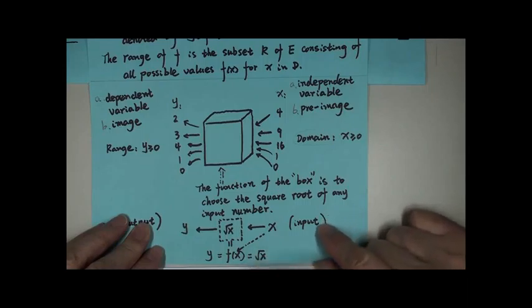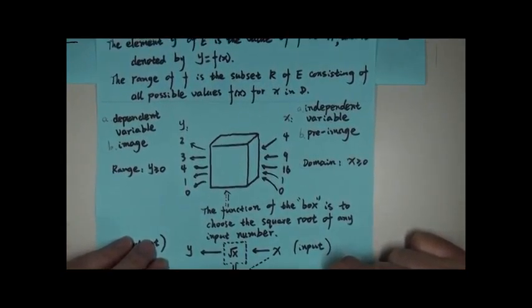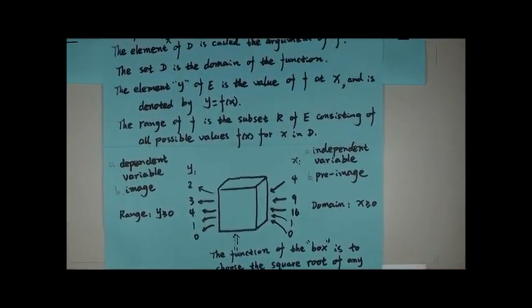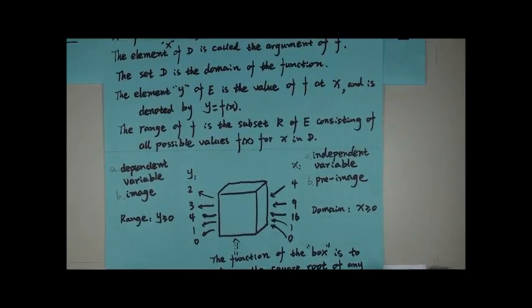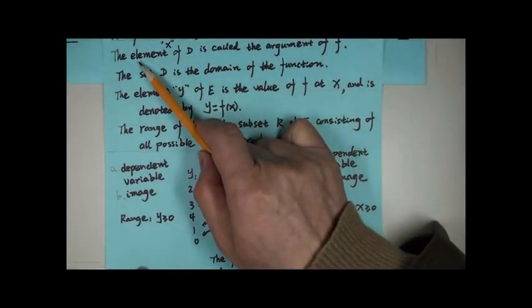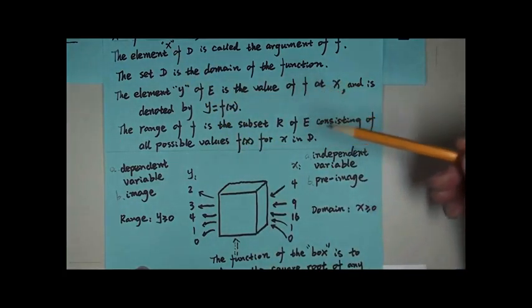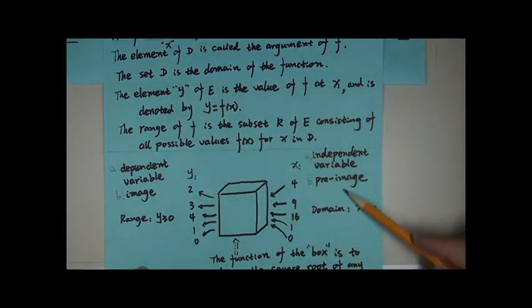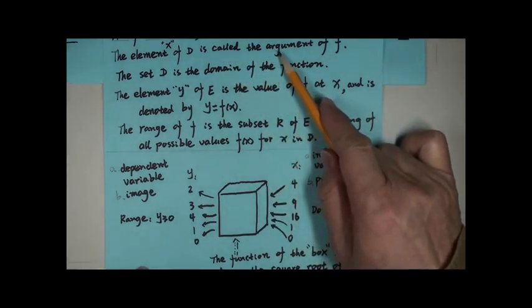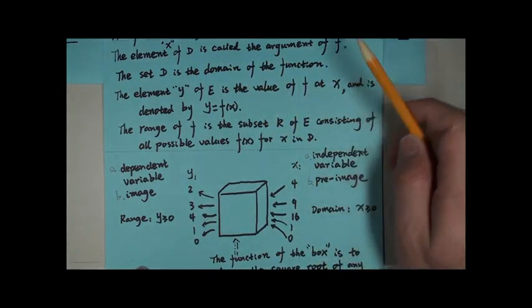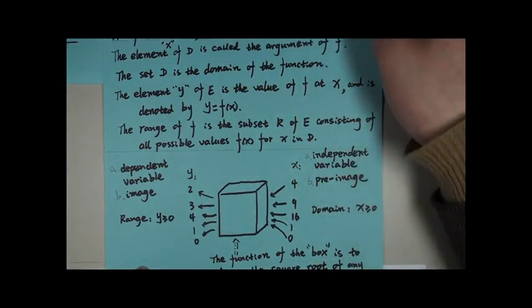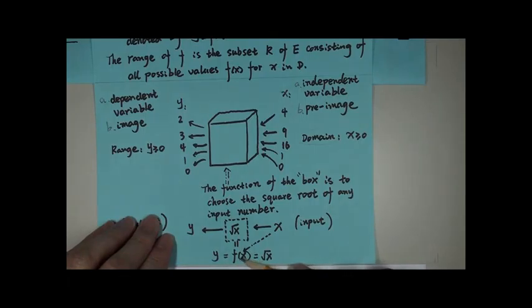So let's come back to look at the terminology. The element x of D, where D is the domain, is called the argument of f of x. So you see here, x is actually the argument of f.